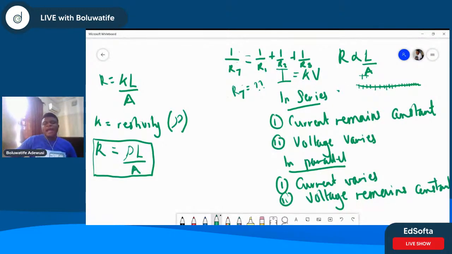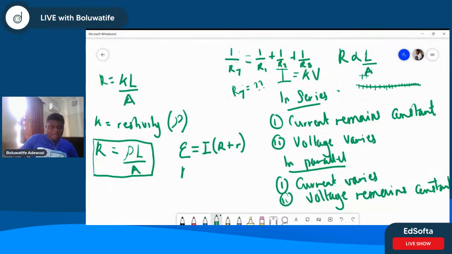Okay, so now remember I mentioned something about internal resistance and external resistance, right? To calculate the EMF of a battery, the electromotive force of a battery, it is given as E equals current multiplied by the external resistance plus the internal resistance.